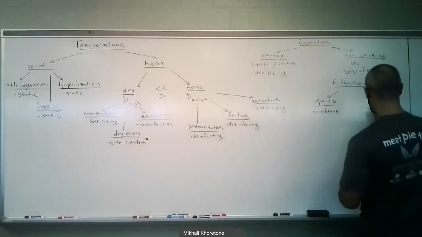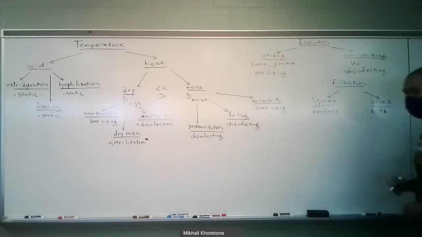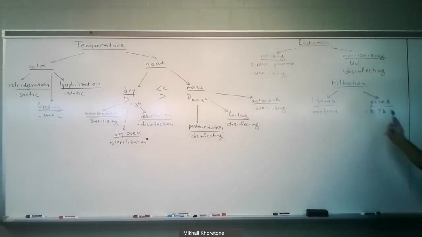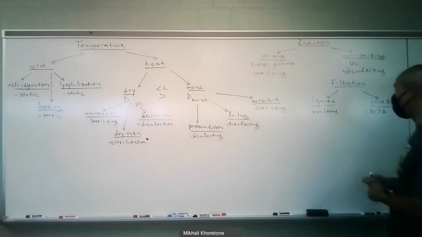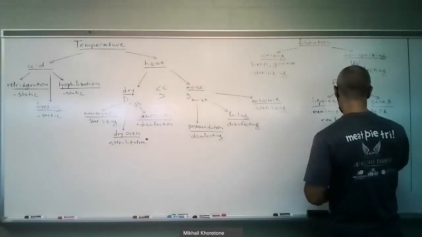And that's going to be HEPA filtration, high efficiency particulate air. Now, can you sterilize? You absolutely can. It's only a matter of a price tag. So it can be sterilized.